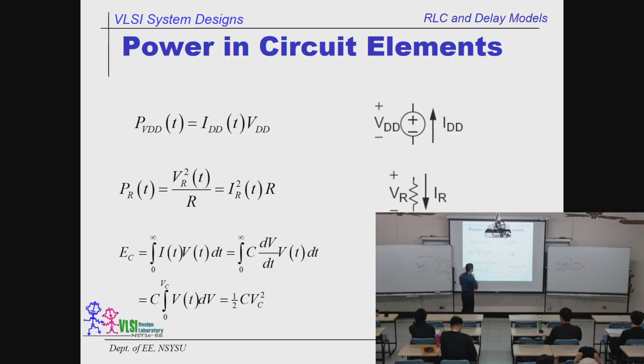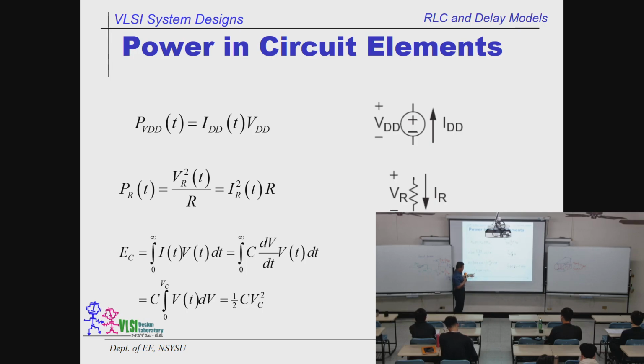And for the energy, it's an integration from time 0 to infinity of I times V, right? And I equals C times dV over dt. C is a fixed number because it's a capacitance existing in your circuits.